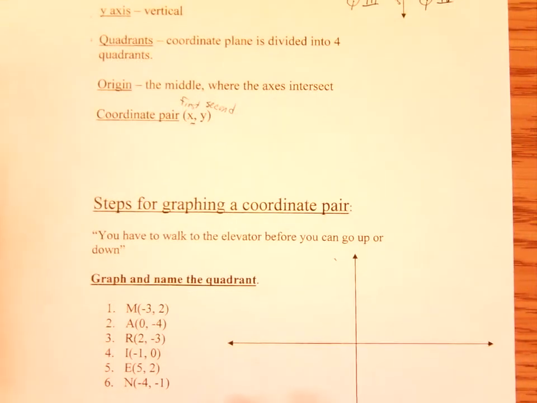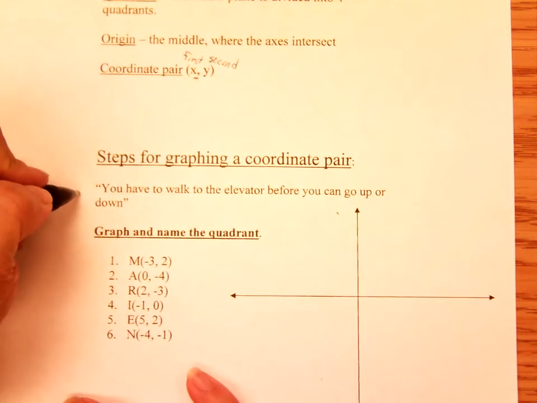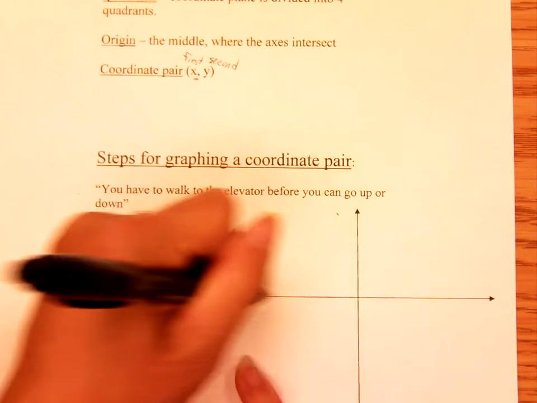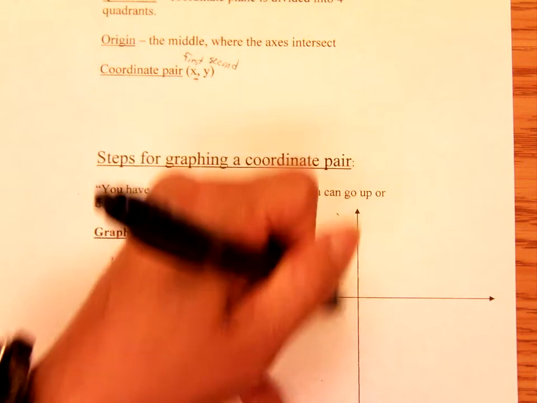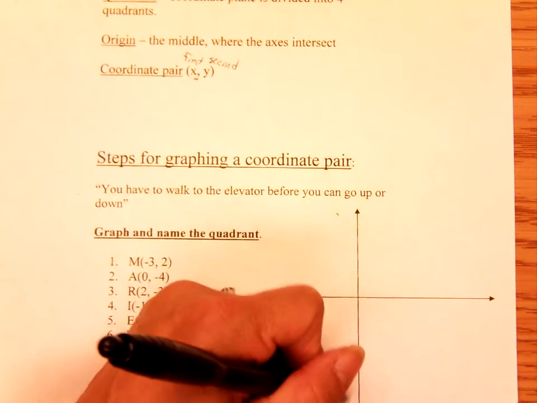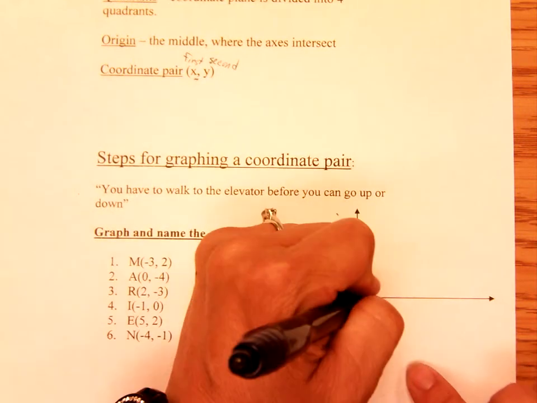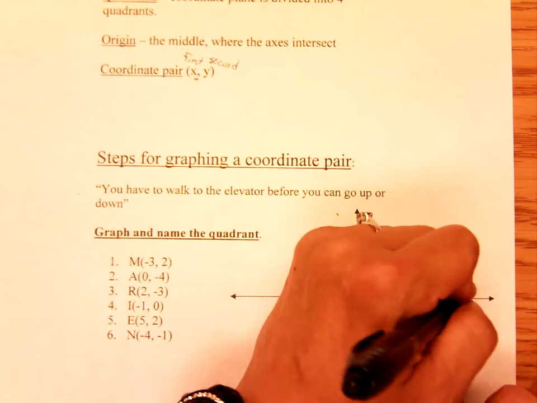Steps for graphing a coordinate pair. You have to walk to the elevator before you can go up or down. So you walk across to whatever floor you want, to the elevator, and then to go up and down the floors of the building, that is the y-axis. So here, I'm going to number it. 1, 2, 3, 4, 5.